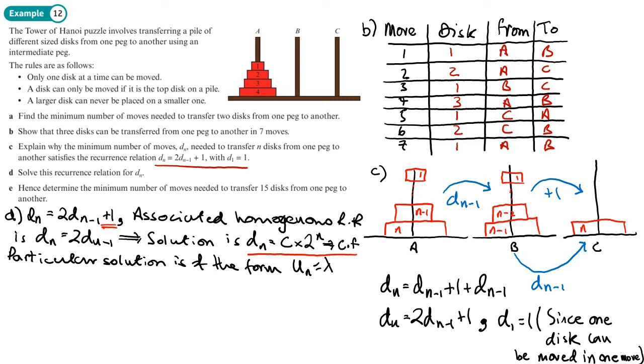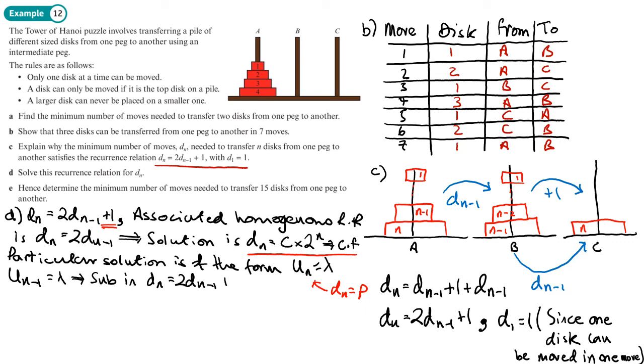From the table, that's where you would see the particular solution d_n equals p. Since there's no n here, if u_n is lambda, then u_(n-1) is also equal to lambda.